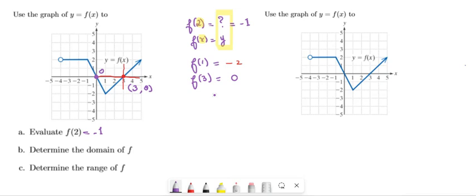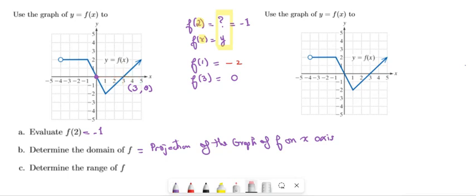Now let's go to B. Determine the domain of f. So by definition, what's the domain? The domain is the projection of the graph on the x-axis. What is the meaning of this? Simply put, it is the shadow of the graph on the axis.